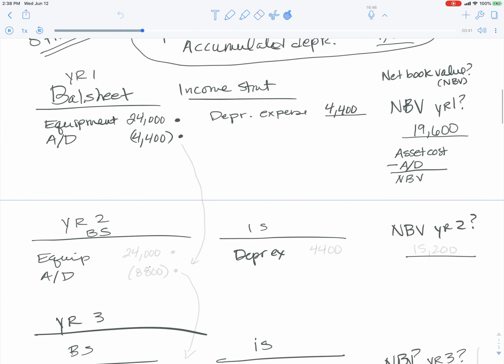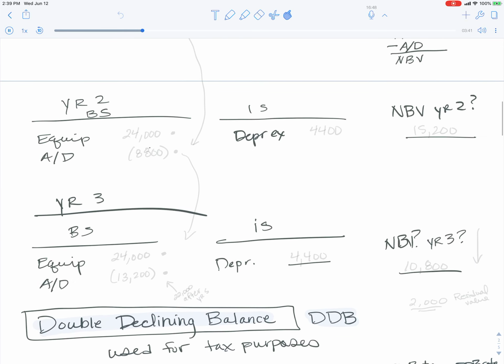Well then what we'll do is after year 2, we'll record this same entry again at the end of the year for another $4,400. Our equipment is still going to remain at $24,000. And then now we've got $4,400 on this year's income statement, and we're adding to the $4,400 that was already on the balance sheet another $4,400.